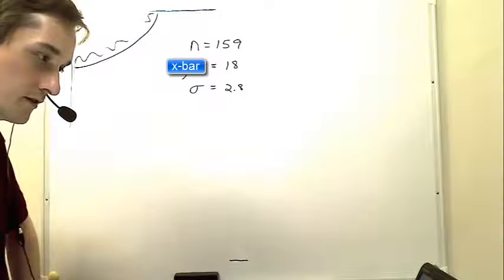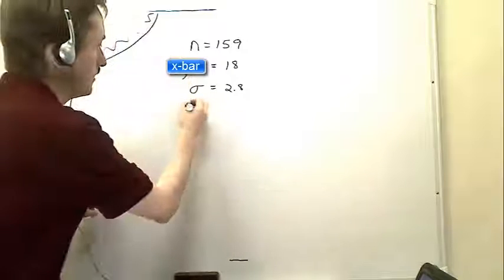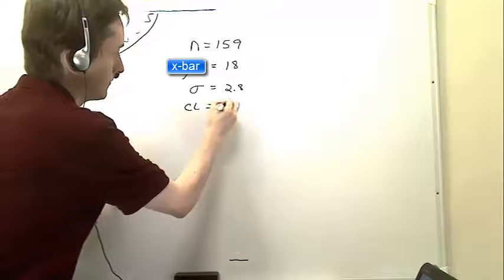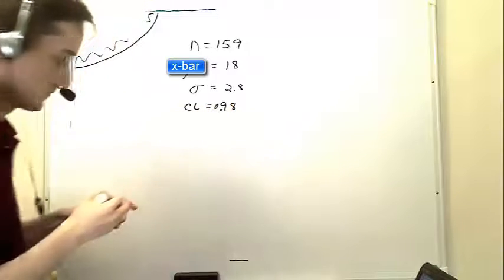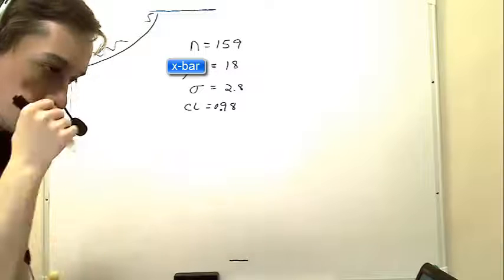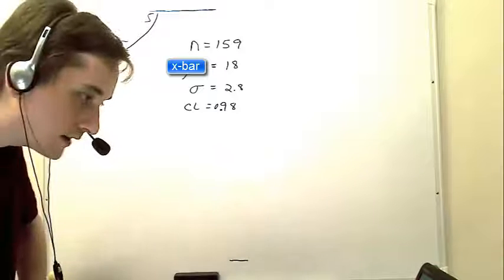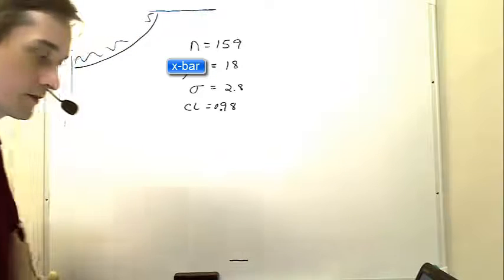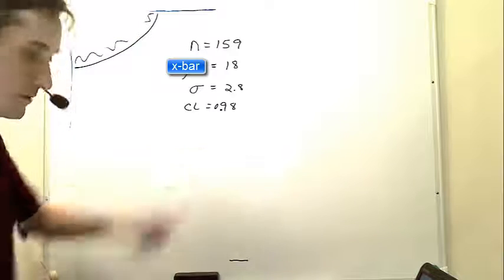Use this data to construct a 98% confidence level confidence interval for the population mean mu of weights of all such lobsters. Okay, so confidence level is 98%.